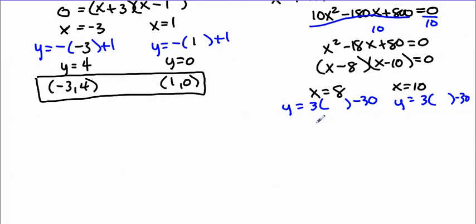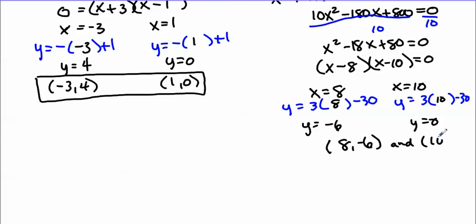Okay, and this is 8, and this is 10. So this one gives me 24 minus 30. It gives me negative 6. And this one gives me 30 minus 30, so it gives me 0. So my points are 8, negative 6, and 10, 0.